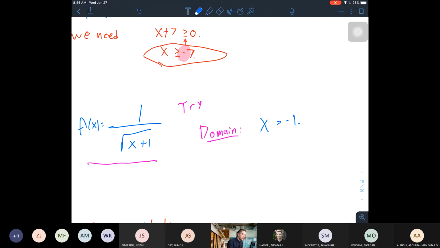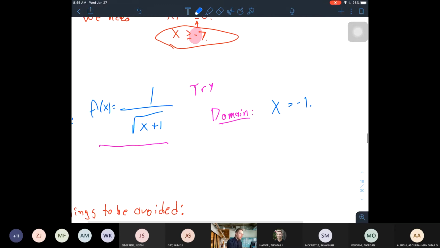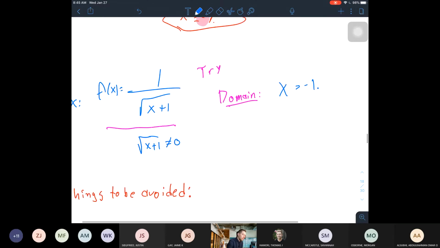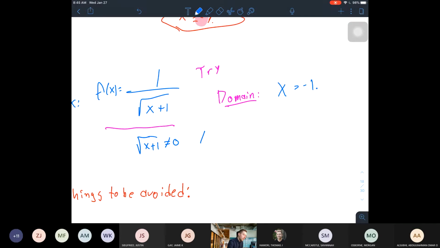So basically we have two rules here being combined. First of all, we need the square root of x plus 1 to be not equal to 0. We need that to be true, and we need x plus 1 to be a non-negative number.